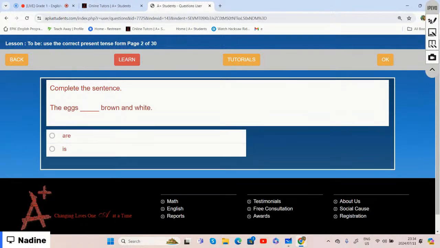Now we either need to choose are or is. All right, so we only use is or are. Let's look at the next one. It says the eggs, referring to more than one egg. Do we say the eggs are brown and white, or do we say the eggs is brown and white?